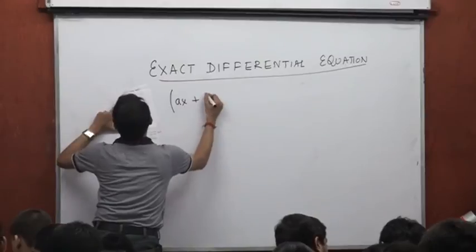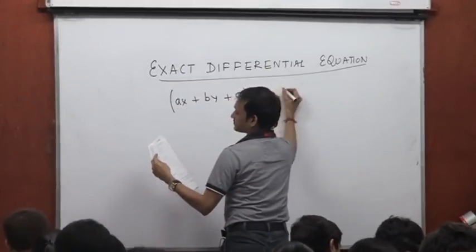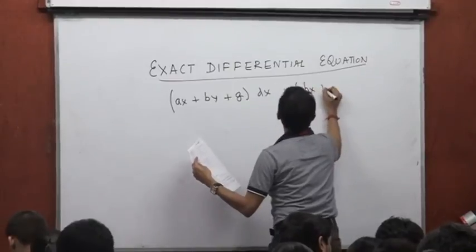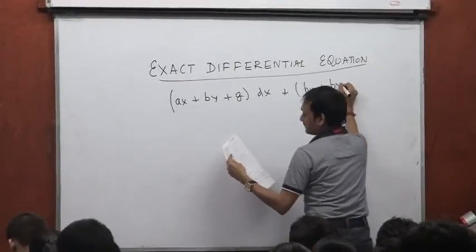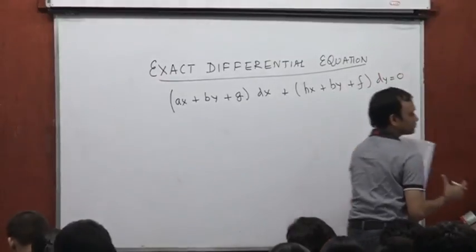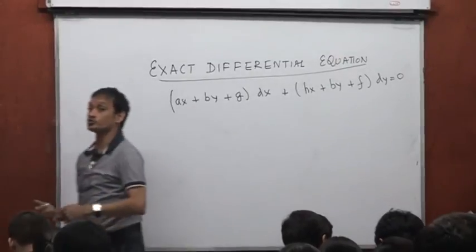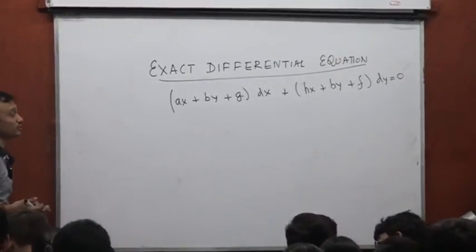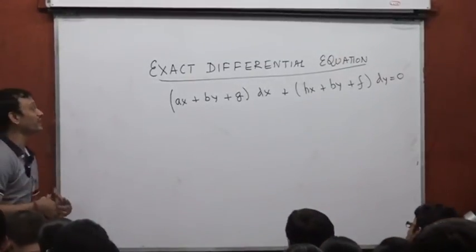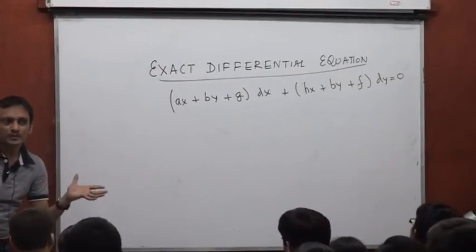(ax plus by plus g) dx plus (hx plus by plus f) dy equal to 0. First of all, in order to solve this differential equation, one thing that you could always do is write dy dx as linear by linear, one of the known forms, but that's very cumbersome.